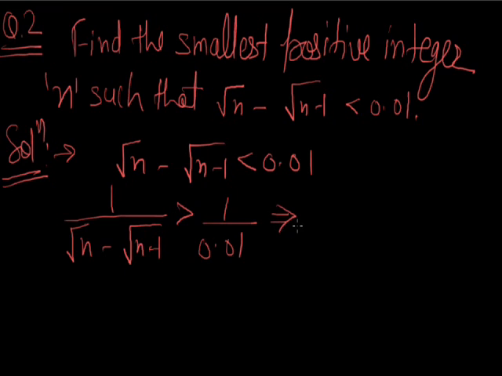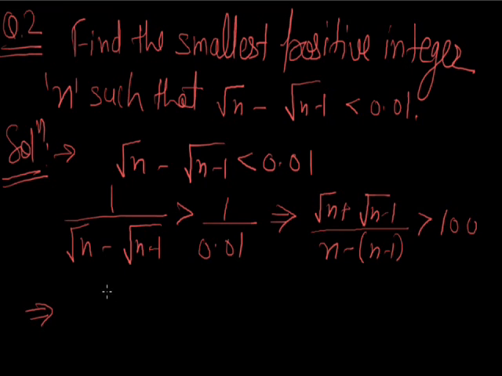By rationalizing we have root n plus root n minus 1 whole upon n minus n minus 1 is greater than 100. Here we have root n plus root n minus 1 greater than 100.